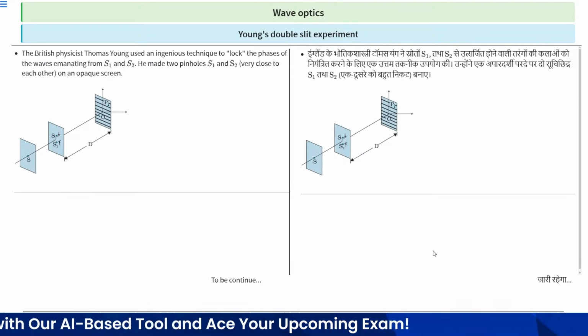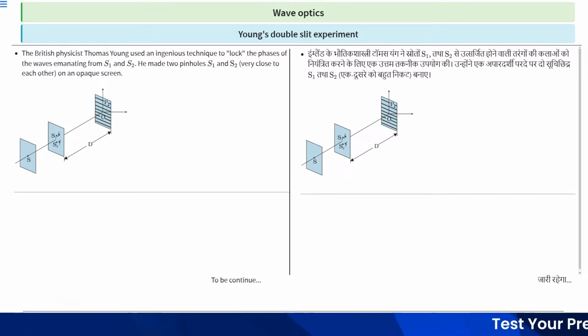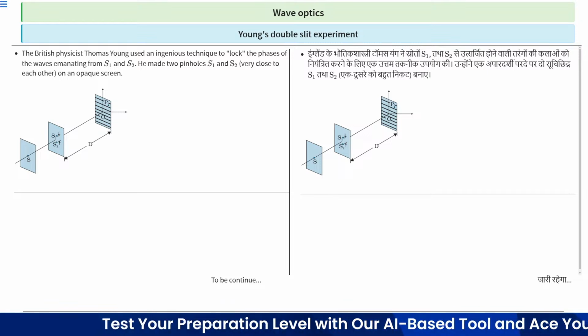Next is Young's double slit experiment. The British physicist Thomas Young used an ingenious technique to lock the phases of waves emanating from S1 and S2.